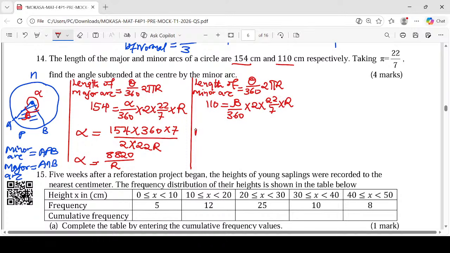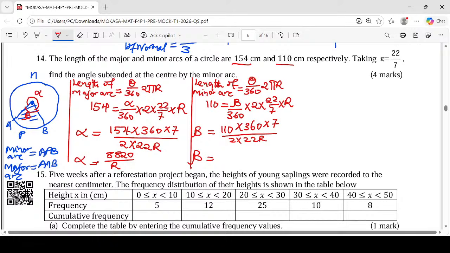When you make beta the subject of the formula, this is now going to be equal to 110 multiplied by 360 multiplied by 7 divided by 2 multiplied by 22r. So our beta: you take 110, multiply by 360 by 7, then divide this by 44.